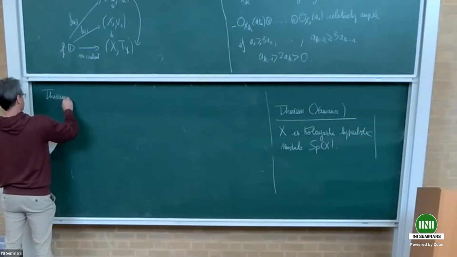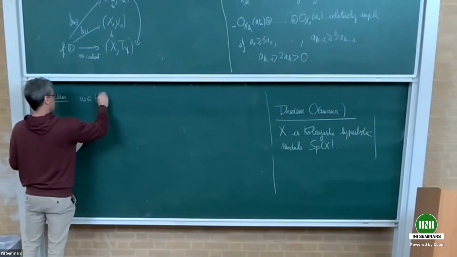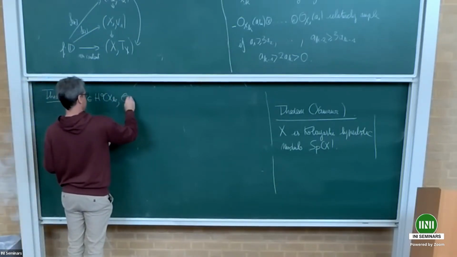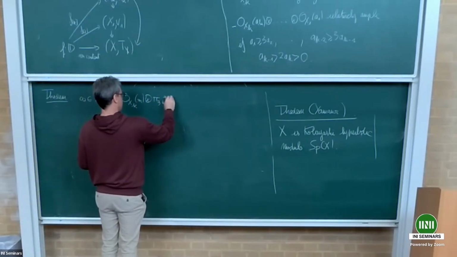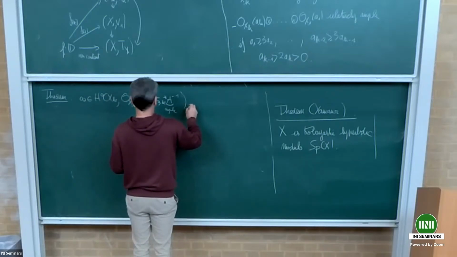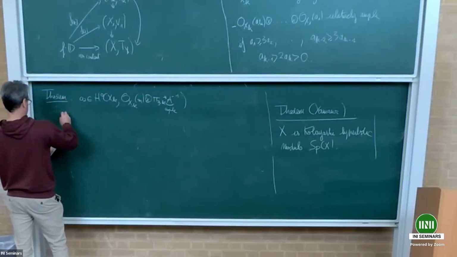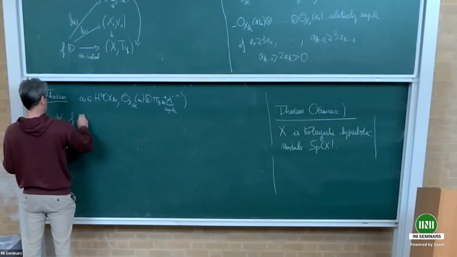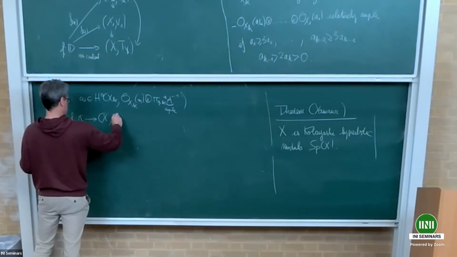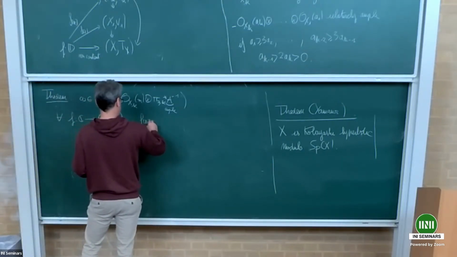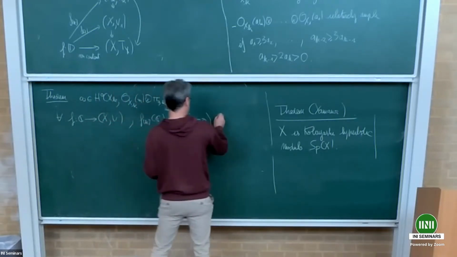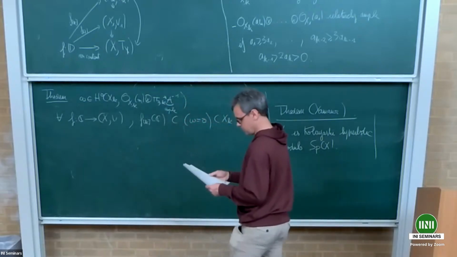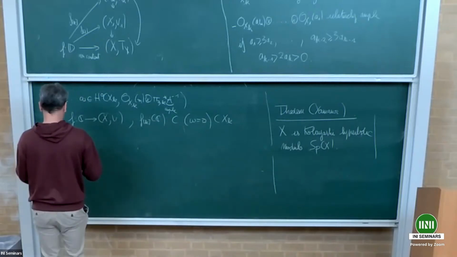If you find a section, a jet differential here, which vanishes on the pullback, where A is ample on X, then for any entire curve, the jet has to lie in the zero locus of omega in X_k. Okay, so this is what we'll use.